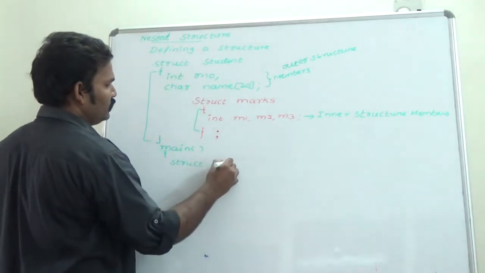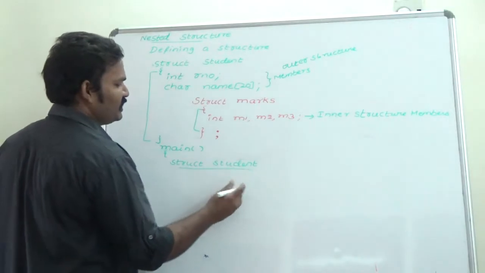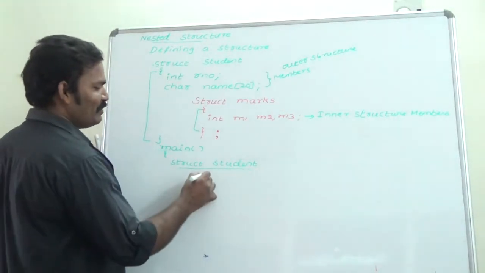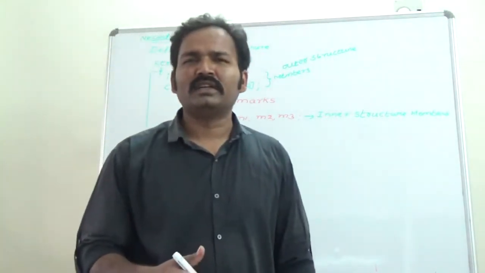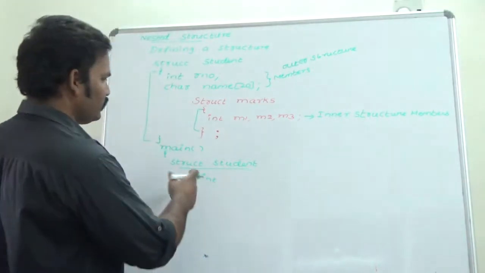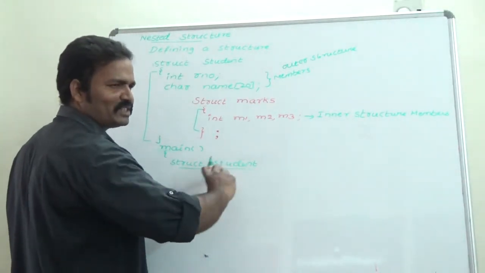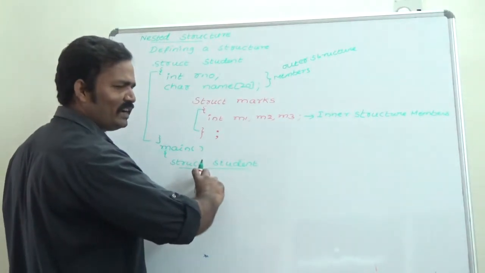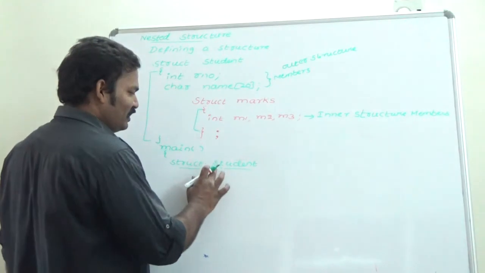Struct student is a data type, a user defined data type, same as int. Primitive data types, we have some primitive data types like int, float, char, double. Struct student is also a data type. So data type, space, variable name. We know the declaration of variable syntax: first we have to write the data type, then we have to specify the name of the variable. Here the data type is completed.